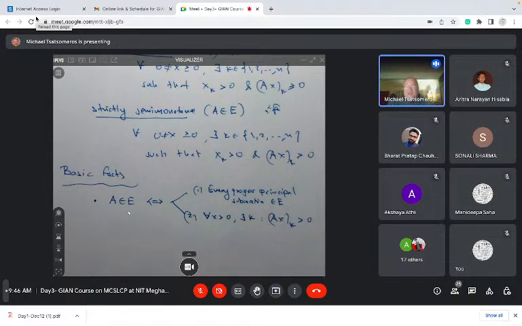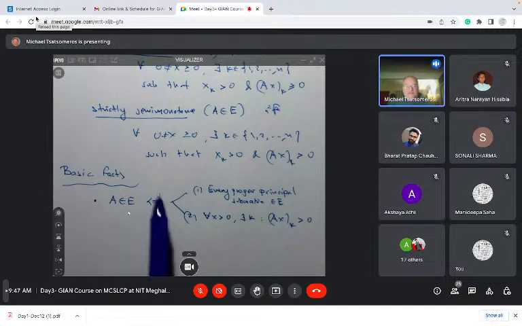It's a subtle difference, a slight relaxation of the definition of strict monotonicity when going from right to left.